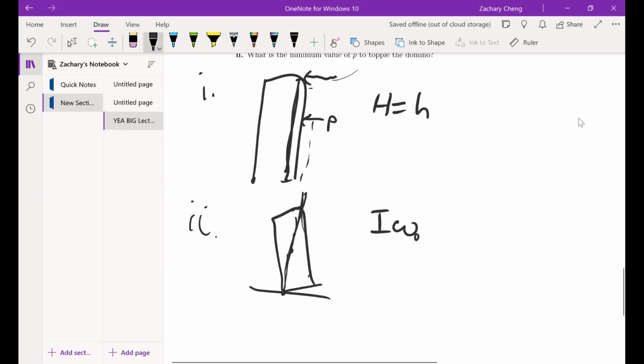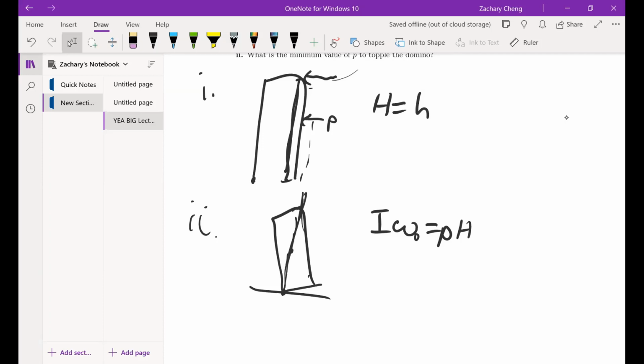But it's just that I omega 0 is equal to pH. And this is analogous to everything else done in rotation, such as a is equal to alpha R. It's just the same thing. You multiply the impulse by the length, and it gives you this angular impulse, I omega 0.